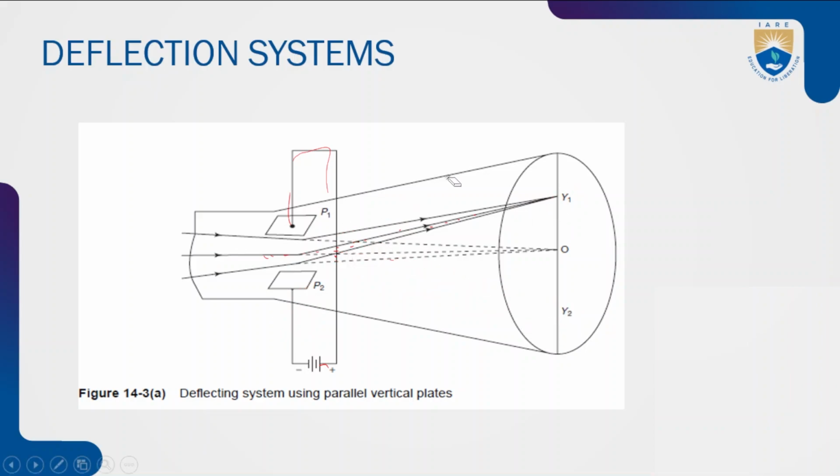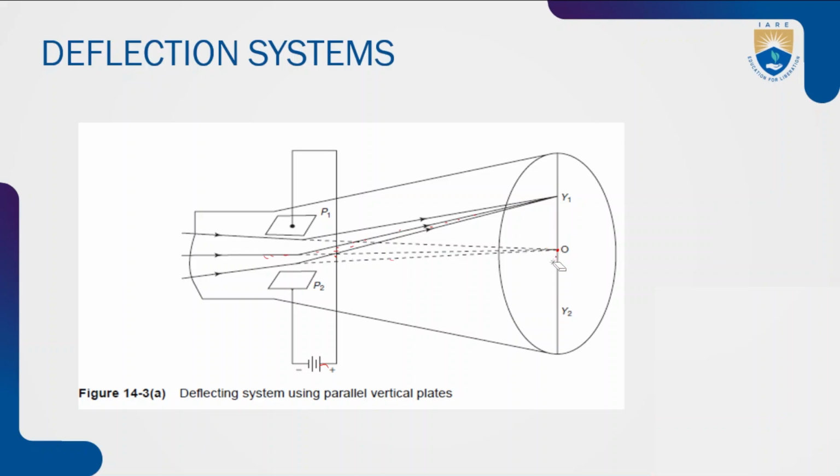Similarly, if P1 and P2 both have more negative potential compared to the electron beam potential, then the electron beam spot will be produced at the center of the CRT screen, at the origin.